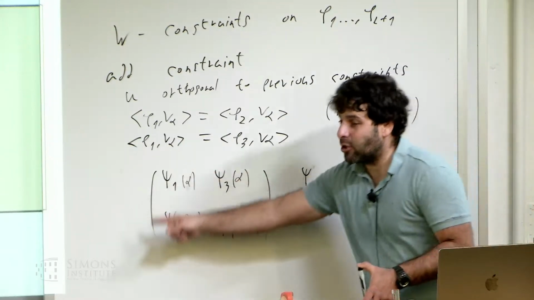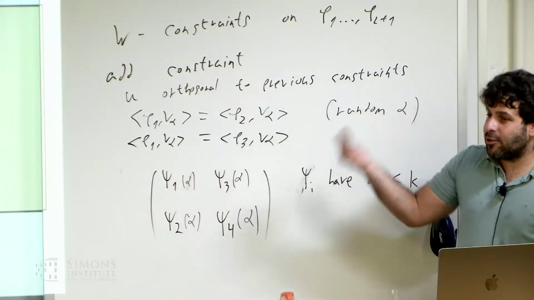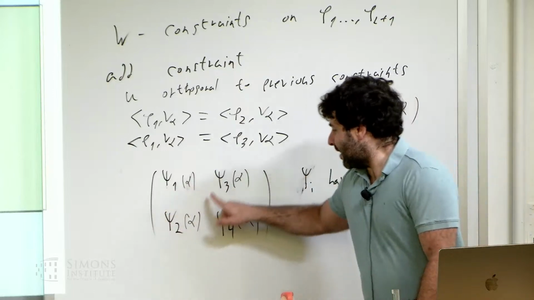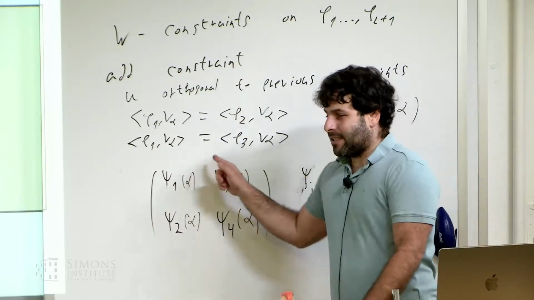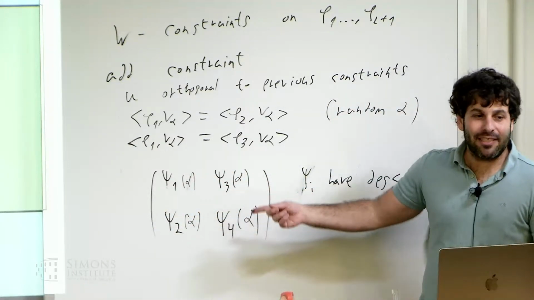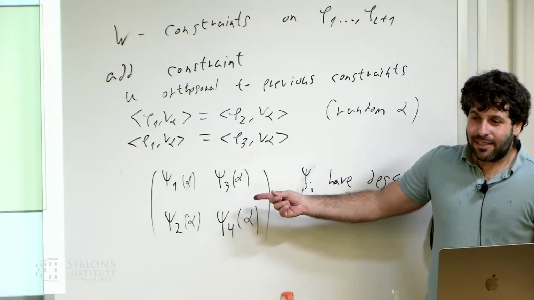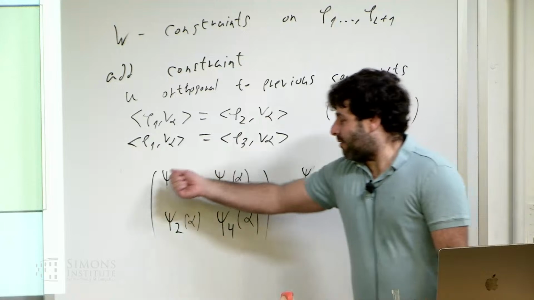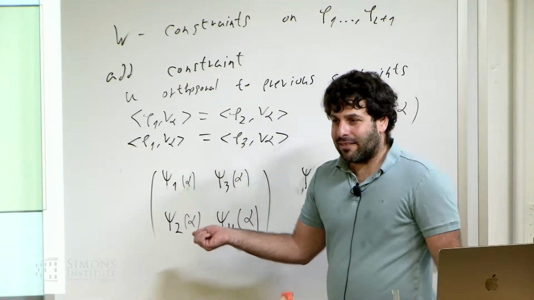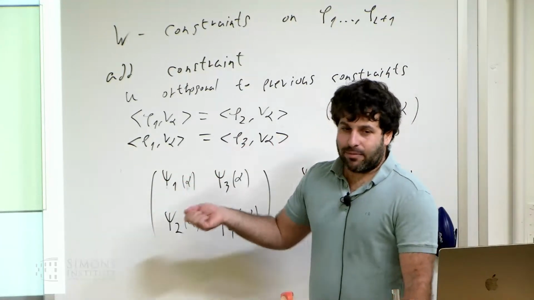But in general, I want this determinant to be non-zero. So I can assume that the determinant polynomial of this matrix is not identically 0, and then the requirement is that this matrix have non-zero determinant when I apply it to some random alpha.